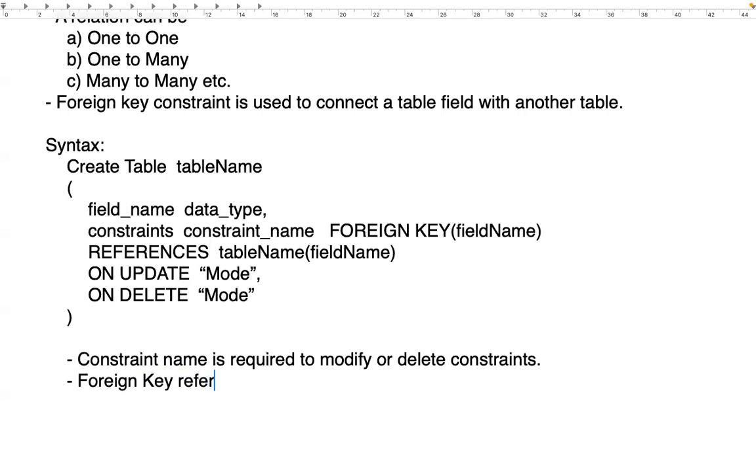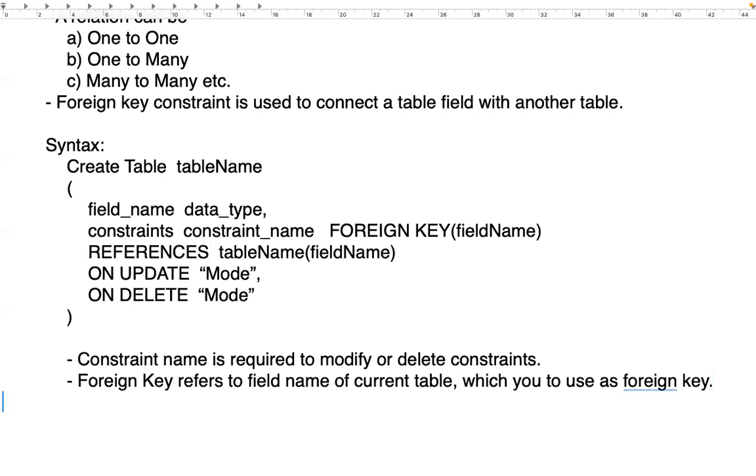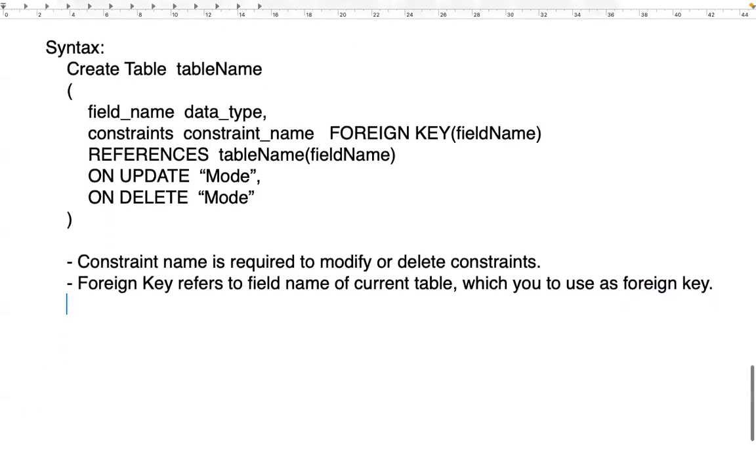Foreign key refers to the field name of the current table which you want to use as foreign key.